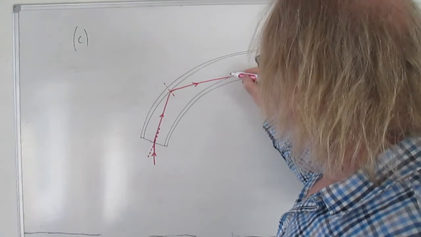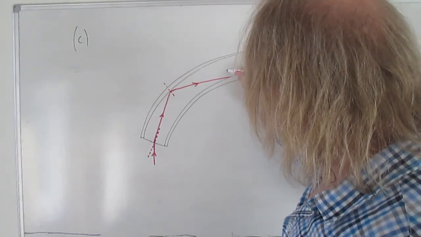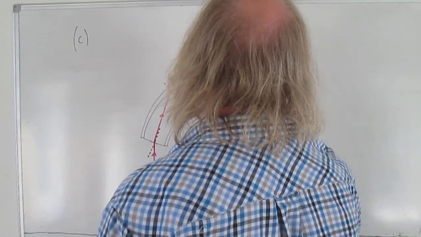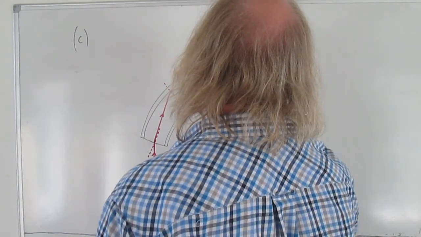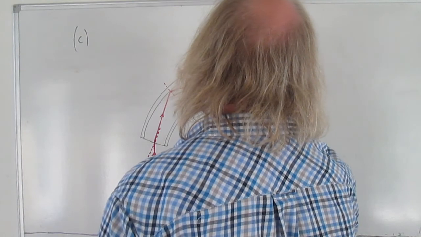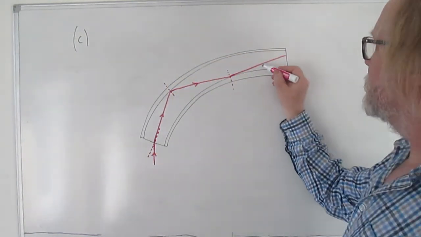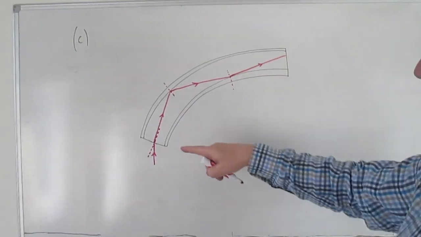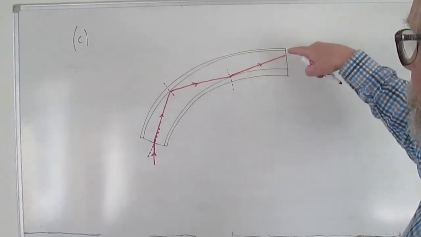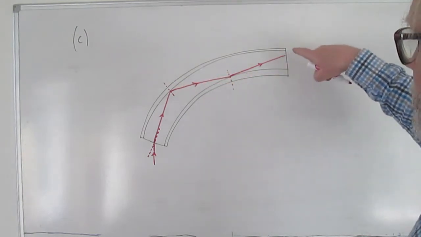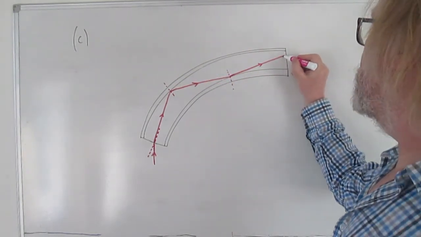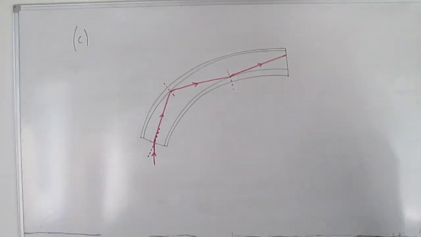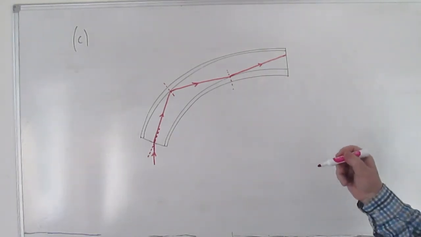And then the same situation here, where that angle means that this is going to come out something like that. Okay, so it's this total internal reflection off the walls that allows the ray to pass through the optical fibre, and then when it gets to the end, it's going to be refracted again.